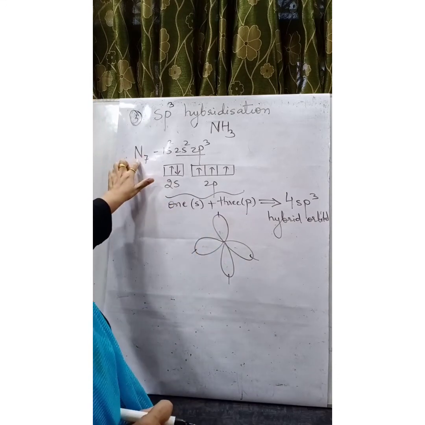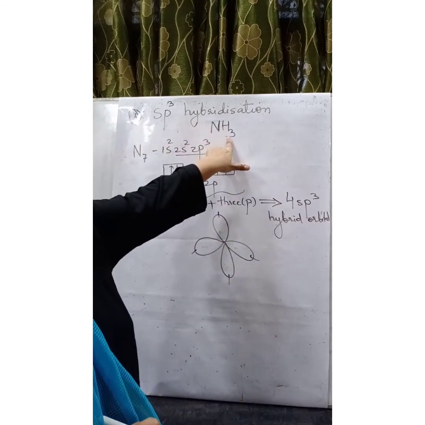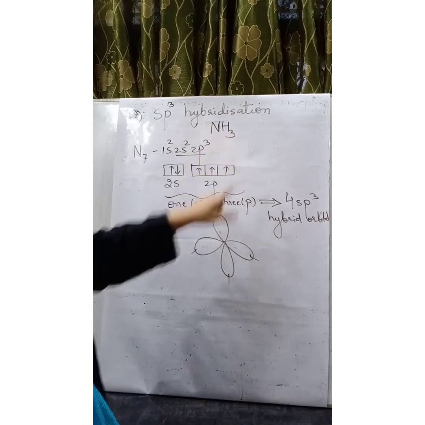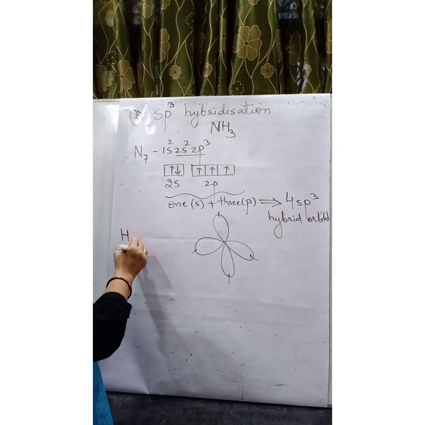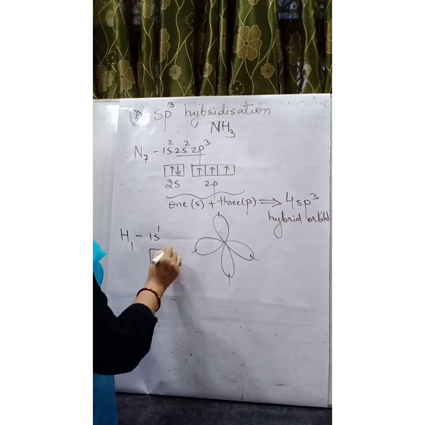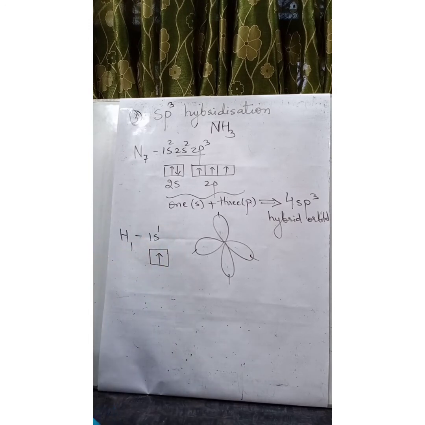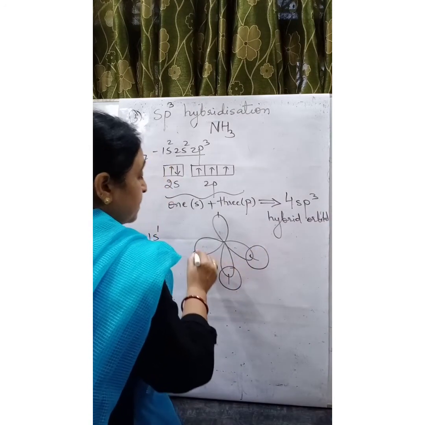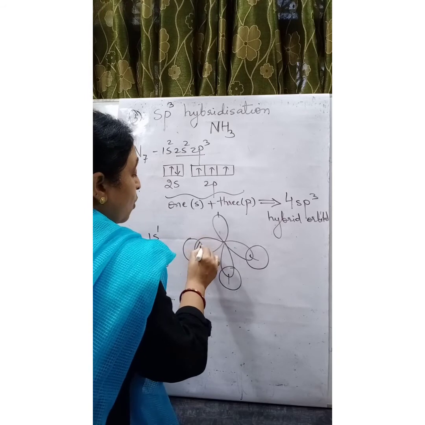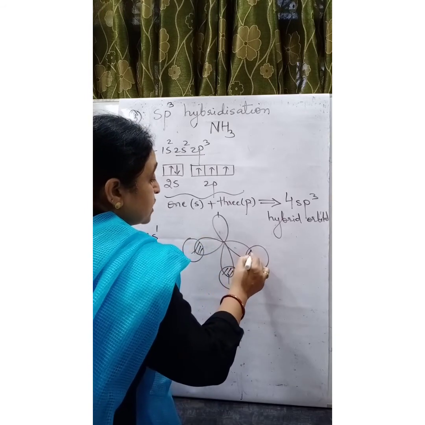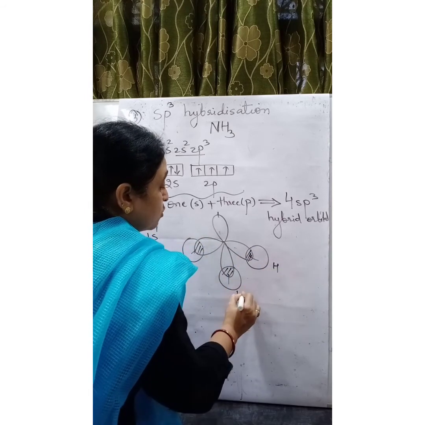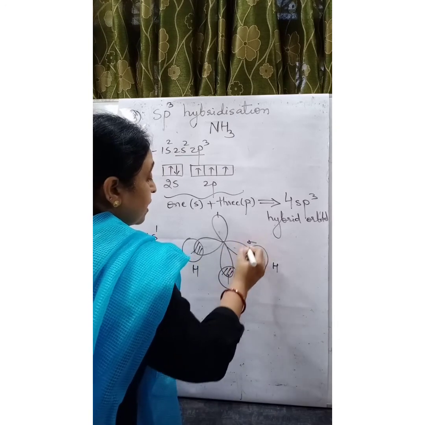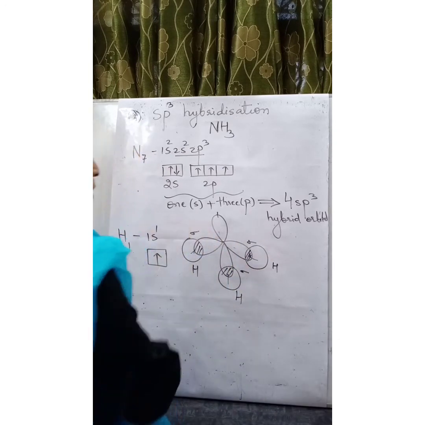Now, nitrogen is combining with 3 hydrogen atoms. Hydrogen has 1 half filled atomic orbital, 1s. Now 3 sp3 hybrid orbitals are overlapped by the s orbital of hydrogen, resulting in the formation of sigma bond.